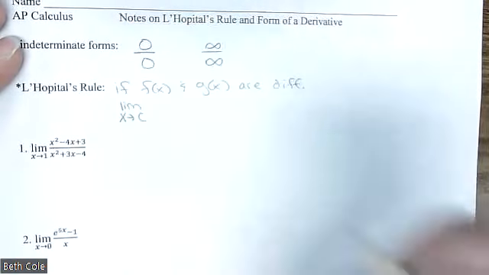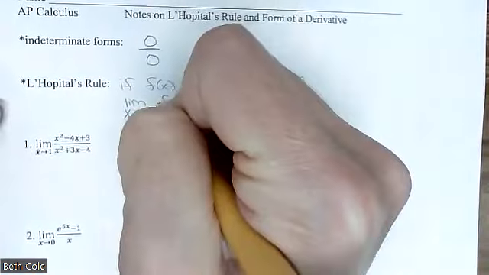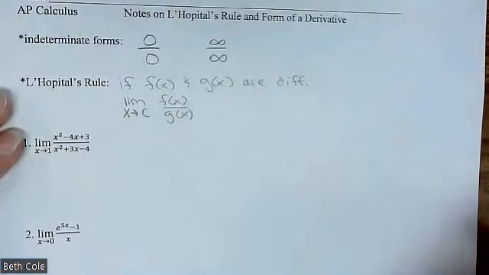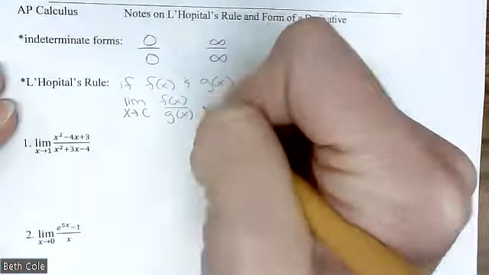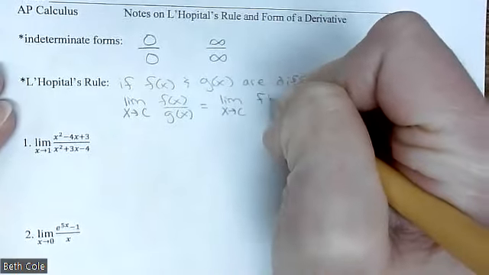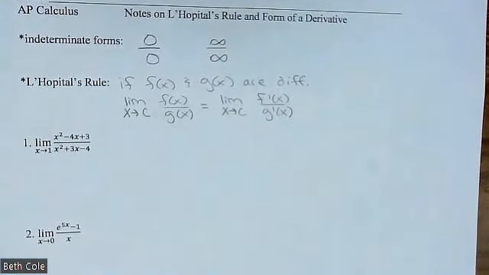Limit as x goes to c, where c would be some number, like 1 or 3, of f of x over g of x, if you get 0 over 0 or infinity over infinity, equals limit as x goes to c of f prime over g prime. What you have to remember is it's not a quotient rule. You do the derivatives separately, which is good because that's easier.